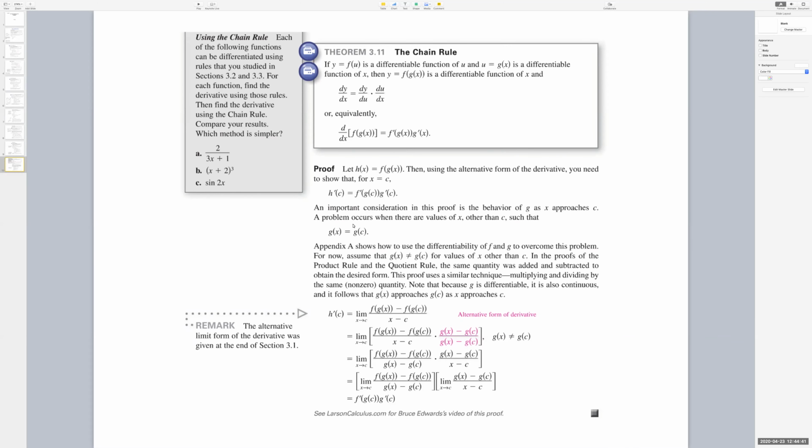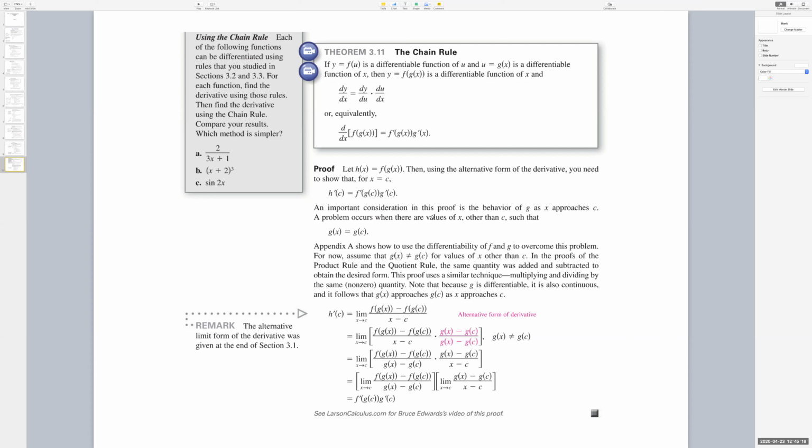All right, so then you can look at the proof for this rule provided here. In this proof, first you have to use the alternative form of the derivative. If you let h of x be the same as f of g of x, then you have to show that for x equals c, the derivative of h at x equals c equals f prime of g of c times g prime of c.